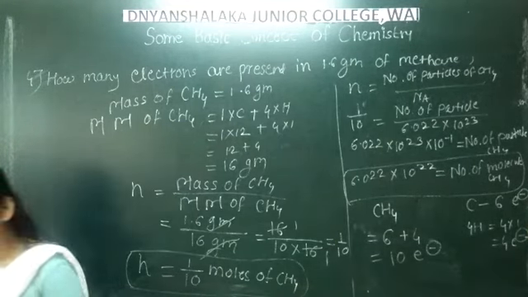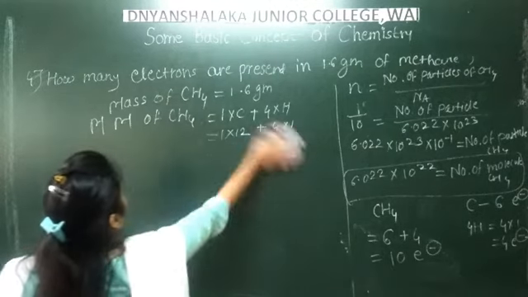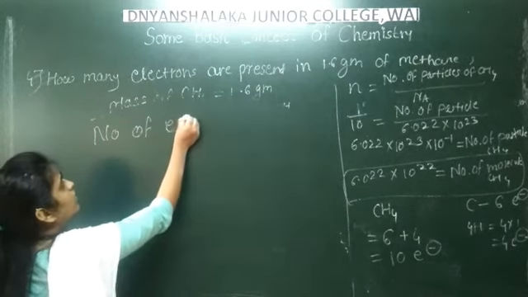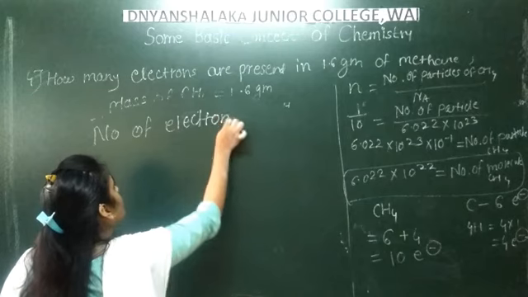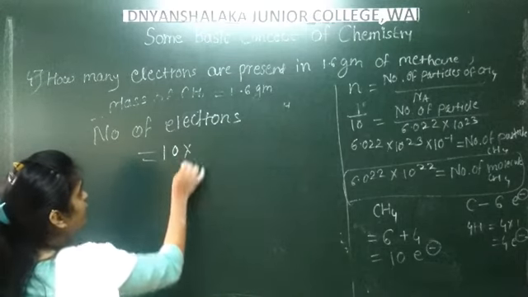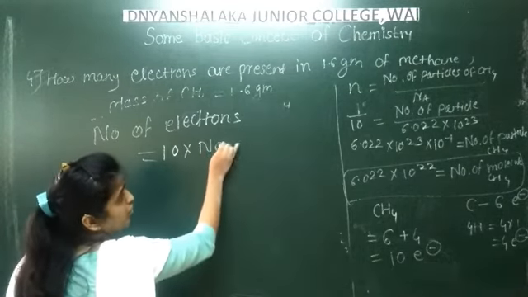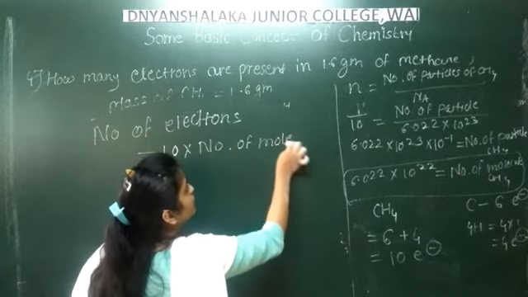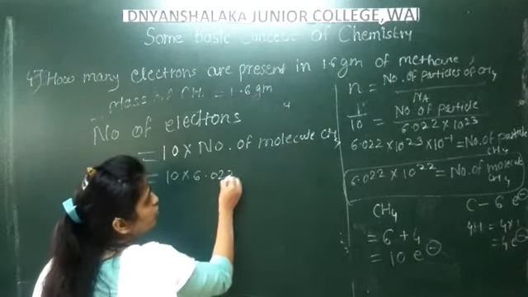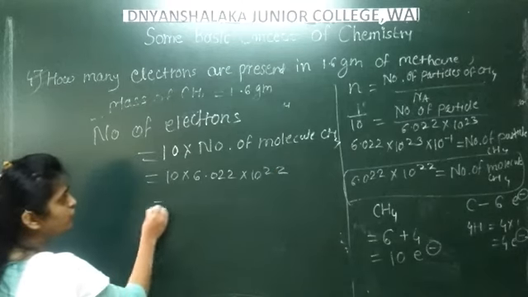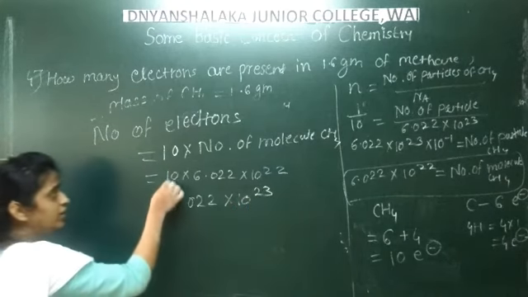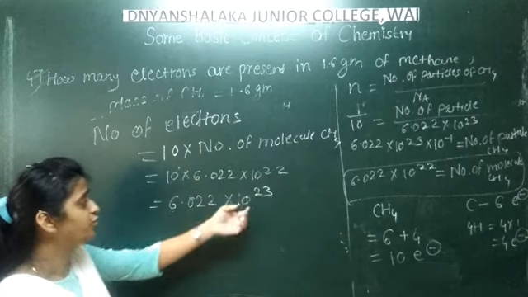Next we have to find out the total number of electrons. Each molecule has 10 electrons, so 10 electrons into the number of molecules of methane: 10 into 6.022 into 10 raised to 22. 10 means 10 raised to 1, so 10 raised to 1 into 10 raised to 22 gives 10 raised to 23.